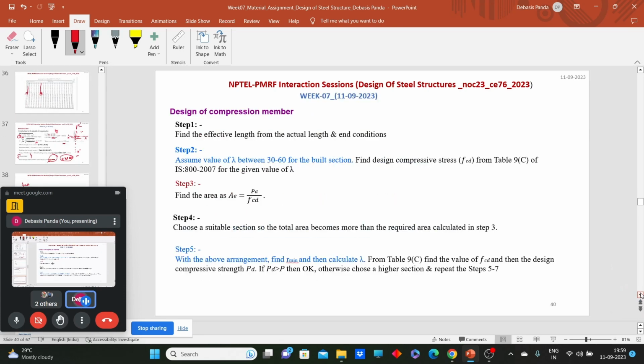First, you can directly follow these steps. What do we need to calculate first? We need to calculate the effective length. We can calculate the effective length based on the end conditions, right? Like we have hinge to hinge condition, or fixed to fixed condition, whatever the end condition is.